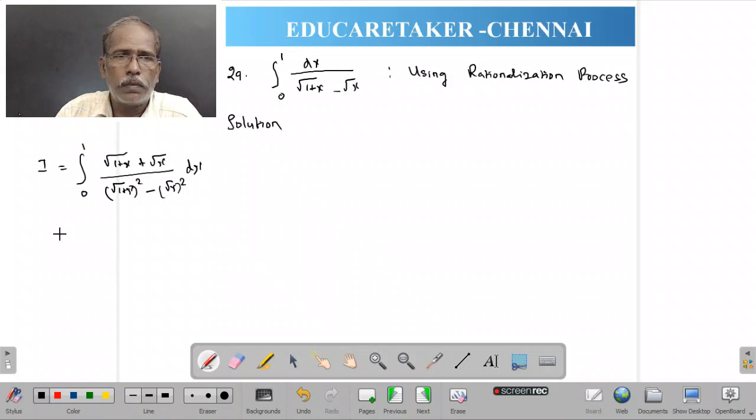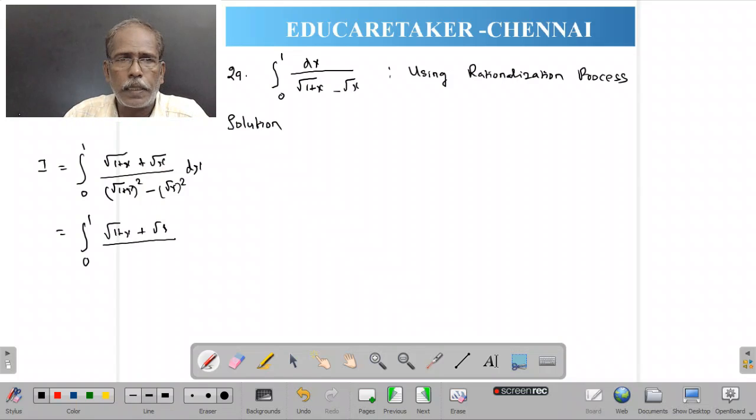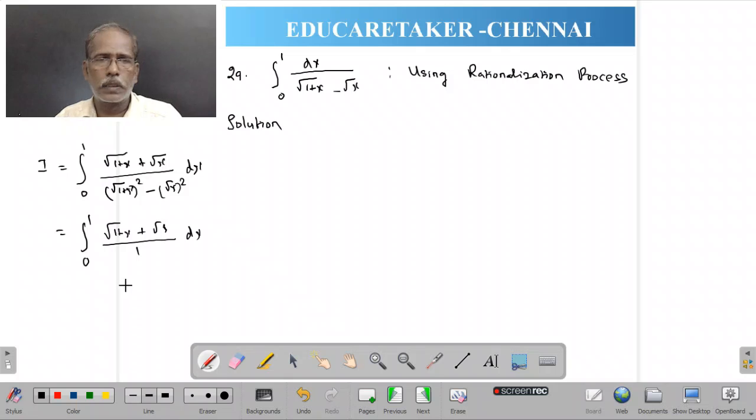We can continue. This is integral 0 to 1, root of 1 plus x plus root of x, and the denominator a square minus b square, 1 plus x minus x, that is 1, and dx. There are two terms in the integral part, root of 1 plus x and root of x.